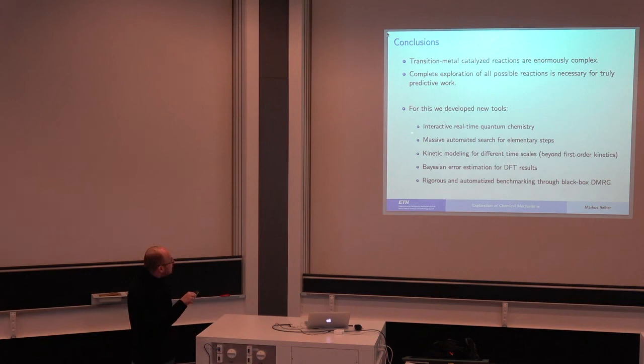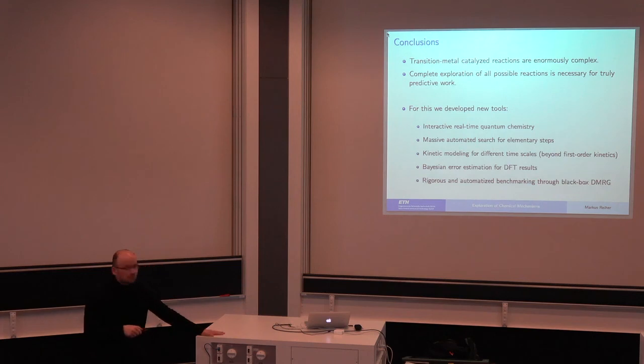And we believe that these new tools are suitable for the purpose. We have interactive real-time quantum chemistry. We have massive automated search for elementary reaction steps, kinetic modeling that works for different timescales up to bimolecular reactions. We have error estimation for DFT results and rigorous automatized benchmarking with black box DMRG, all in place now.